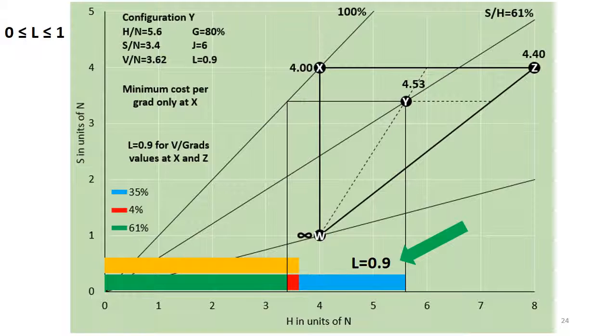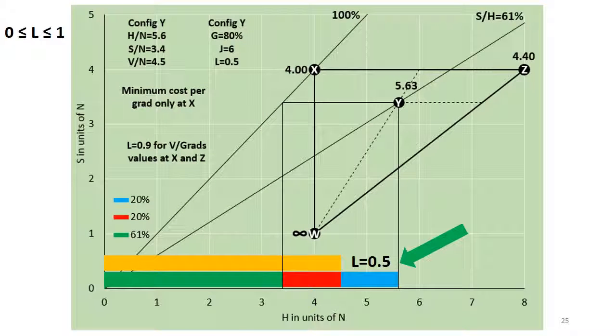This flow diagram also serves as the starting point for the analysis of changes in L, starting from L equals 0.9. This diagram shows the effect of lowering the value of L to 0.5. The auxiliary diagram clearly shows the 50-50% distribution between failed and unutilized module credits.